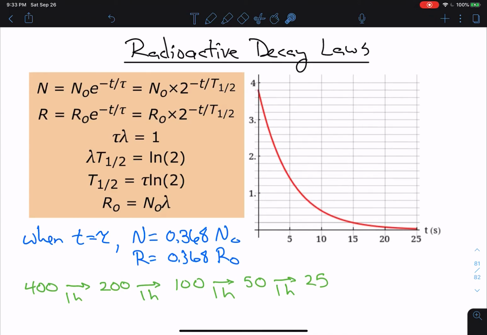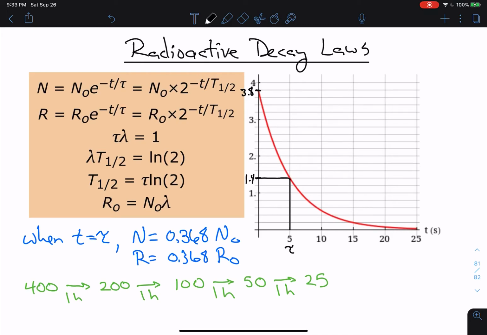This value right here is 3.8. So I take 0.368 of 3.8, and that's approximately 1.4. And if I come down from 1.4, that's tau. Tau is 5 seconds for this situation.